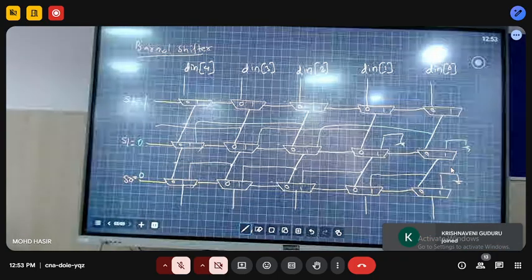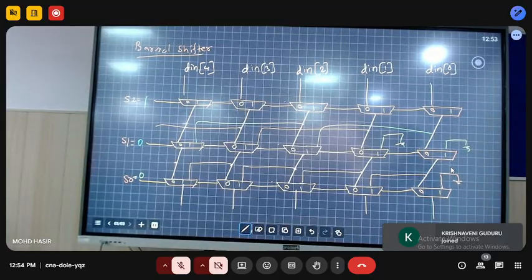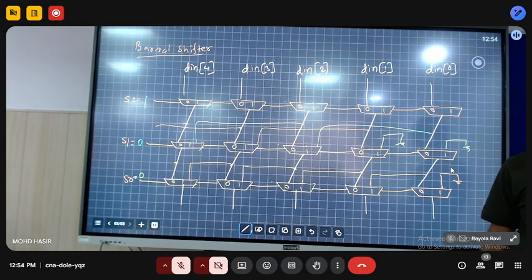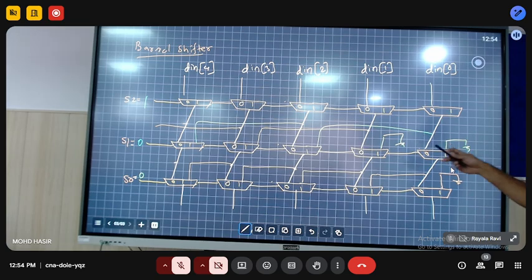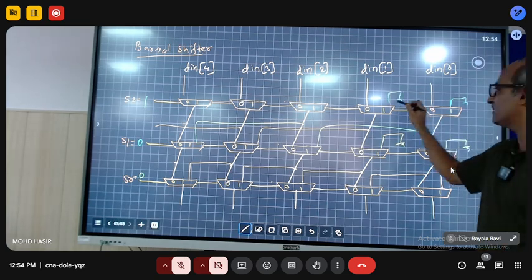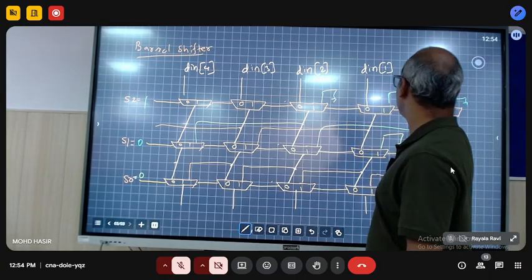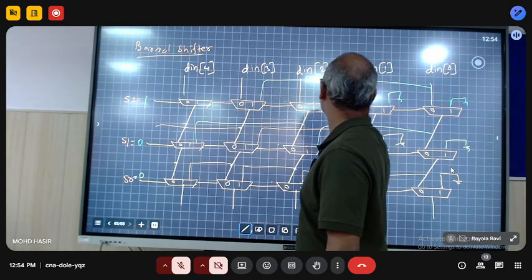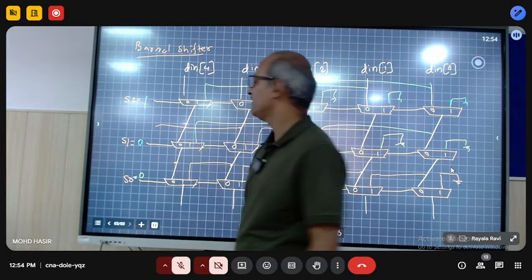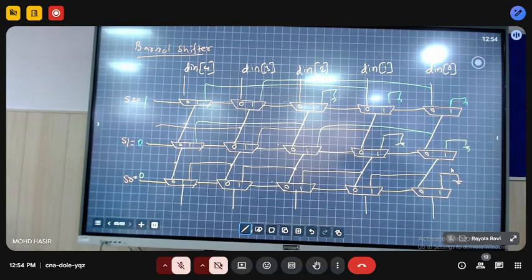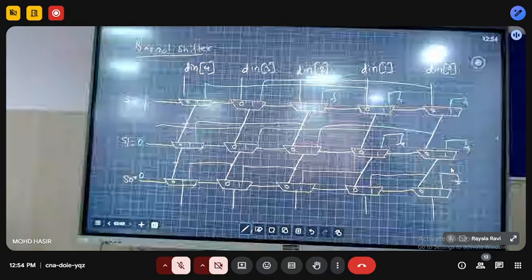How do we circular shift? You decide and do it. Okay, circular shift left, circular shift right. Got it? And that is what all DSPs are. Barrel shifting used with rotation shift. Rotate with zero, rotate with the same number. So all such multiplexer based design you can do, and it becomes a combinational part.